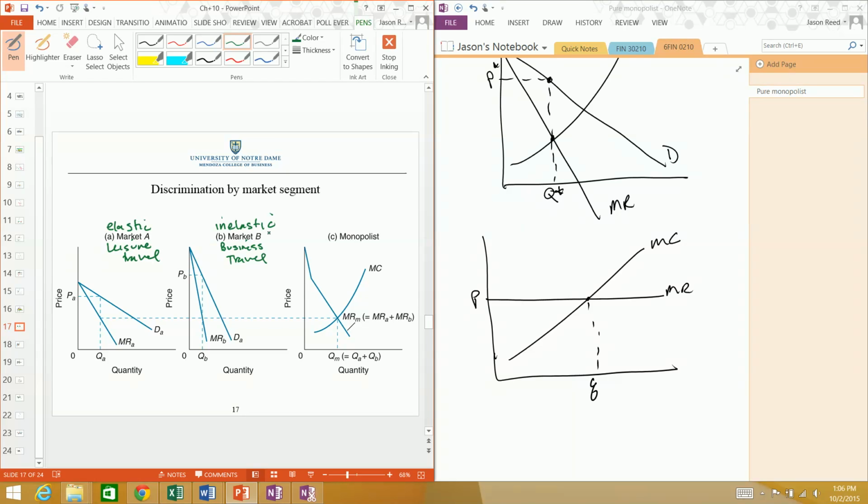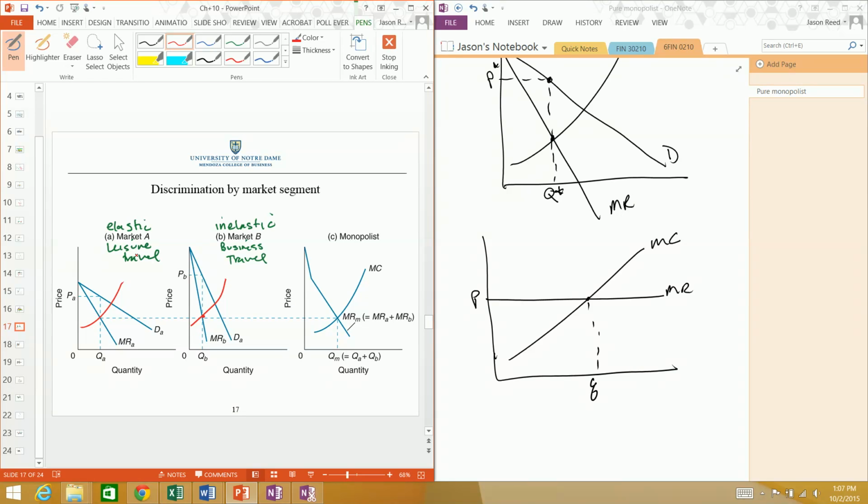So in order to do this, a monopolist sees both of these markets, A and B, and they begin selling at different prices. Again, we go to this idea where marginal revenue is equal to our marginal cost, and we know our marginal cost would be put in here, something like this.